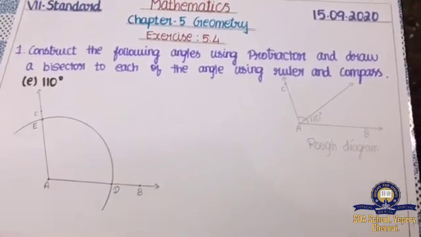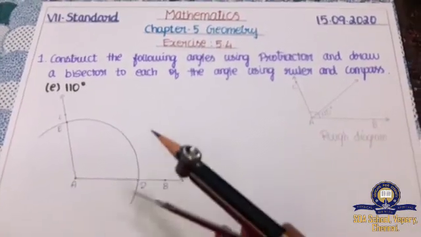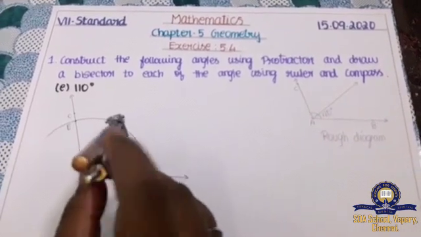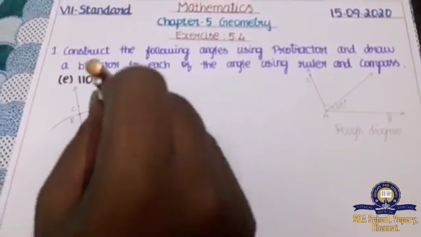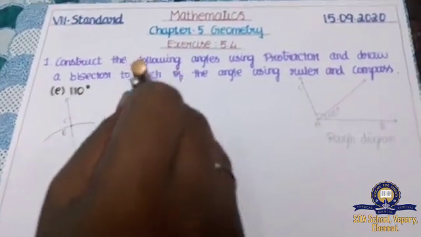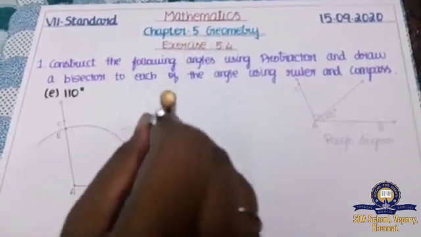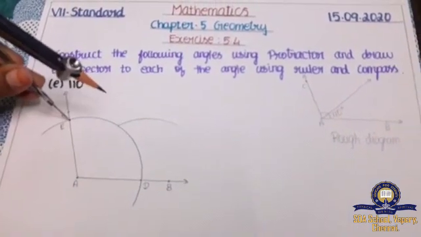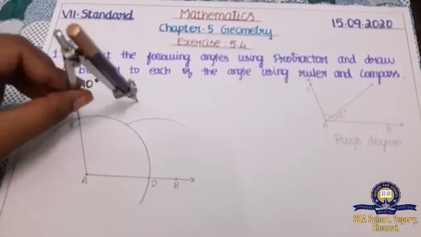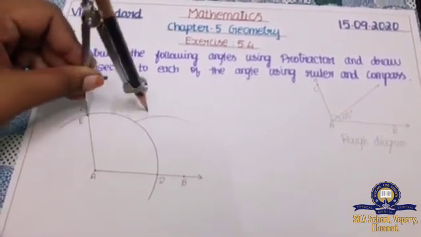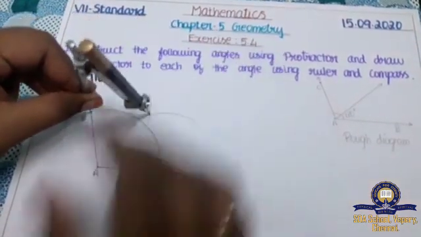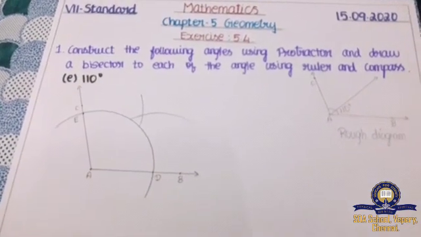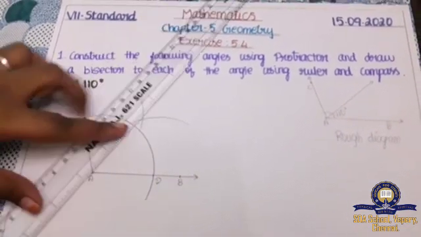So, for that, using a compass with same radius with D as center, cut an arc in the interior of ABC, and with E as center, the same radius, cut an arc in the interior of ABC. Now, what is our next step? We need to join this line.